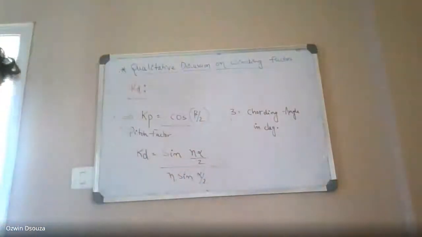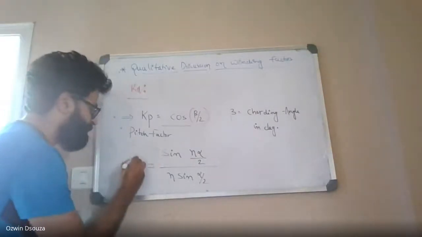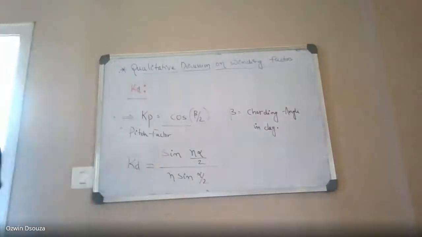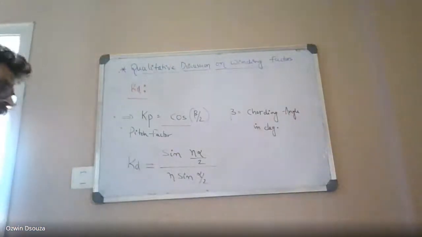All right, so this is the formula for Kd. There is no derivation. You will have to just learn this formula by heart, because it takes a lot of time to derive, and in the introductory course, the derivation is not included.